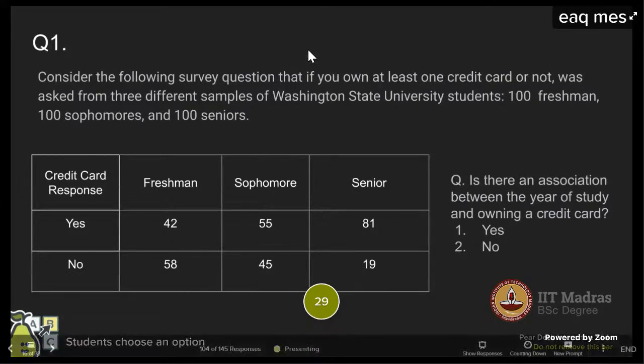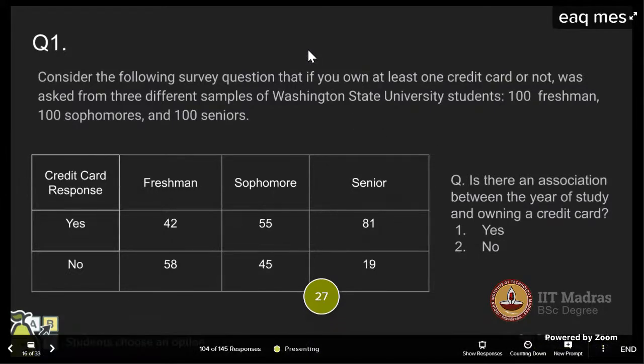Associations will tell us the strength of the association.